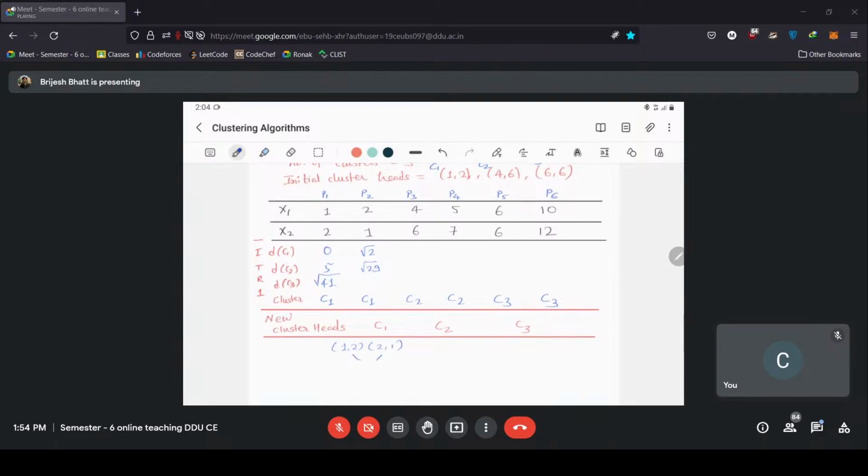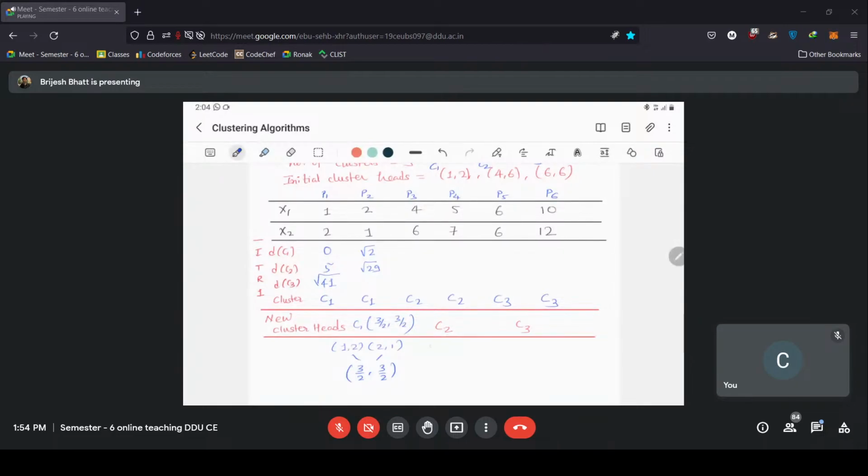If you take the mean of these two, it becomes 3 by 2, 3 by 2. So C1 is now (3/2, 3/2).